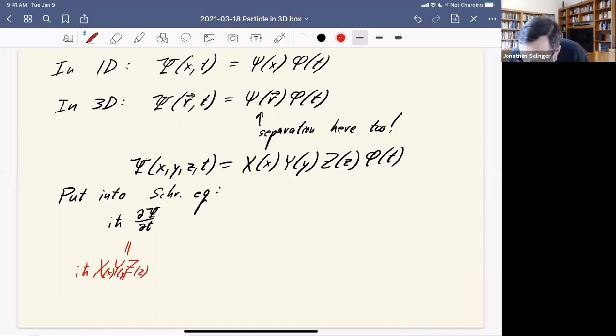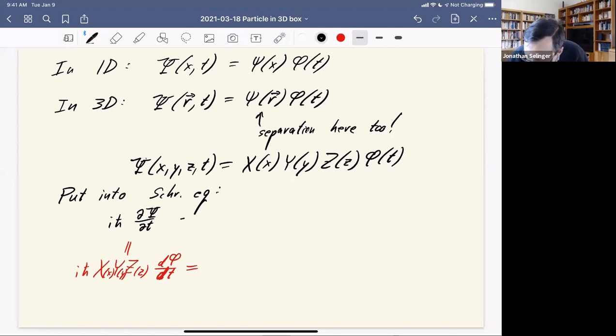So that times the derivative, actually I'll write it not with the partial derivative symbol, but with the regular derivative symbol, the derivative of φ with respect to time. Okay, so that's on the left side.